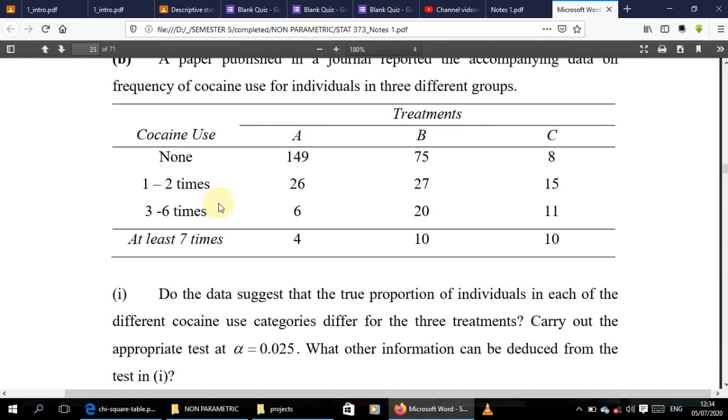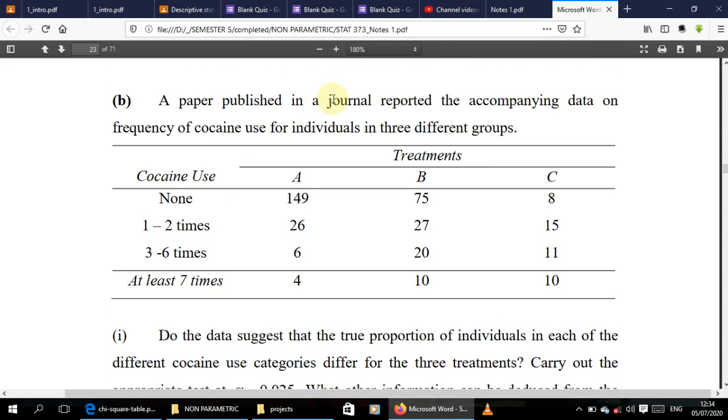If you look at this table, it is saying that the paper published in a journal reported the accompanying data on the frequency of cocaine use for individuals in 3 different groups. So we have the cocaine use: none, 1 to 2 times, 3 to 6 times, the number of times they use, and then the treatment.